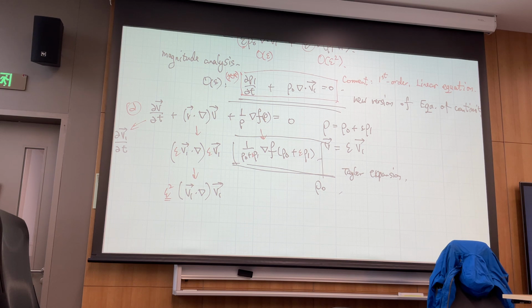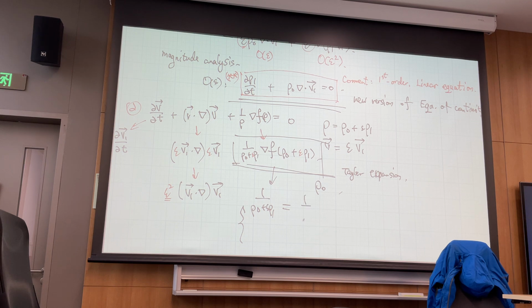Okay, most of you should be done with the first part. So how do I do a Taylor expansion for 1 over rho 0 plus epsilon rho 1? It's going to be around rho 0.